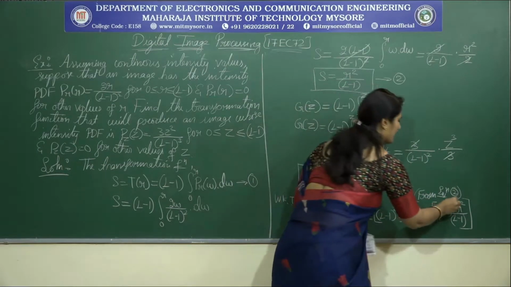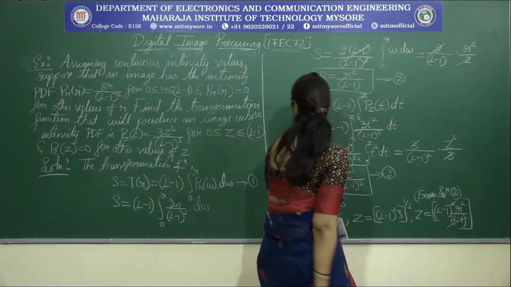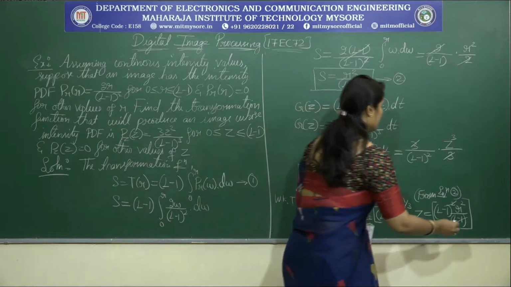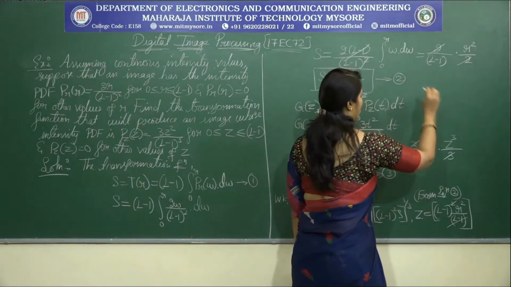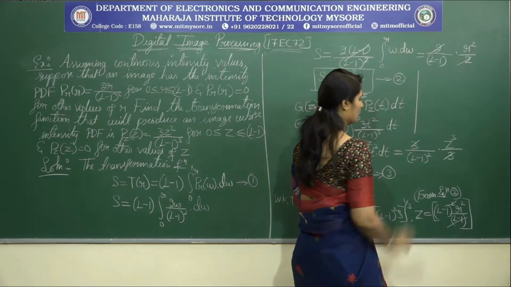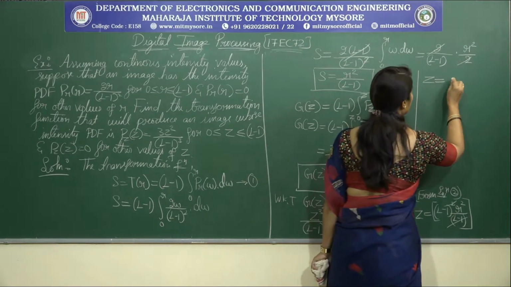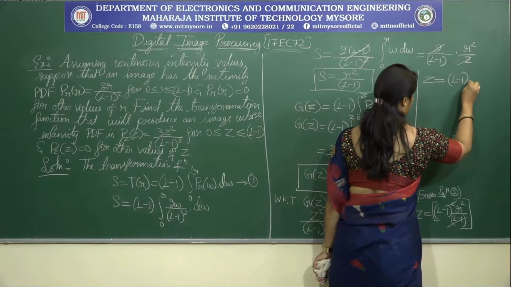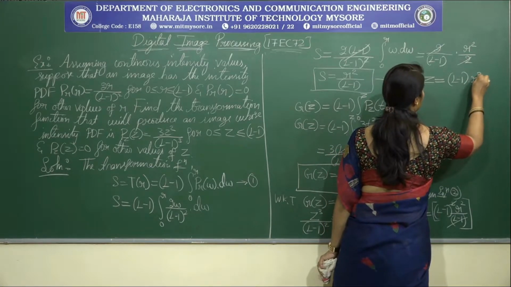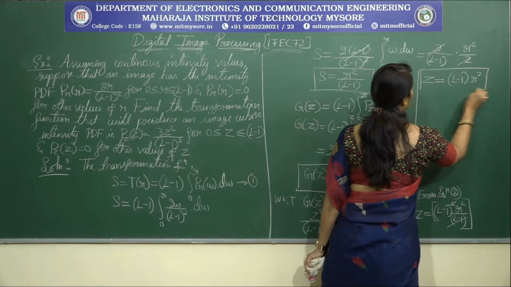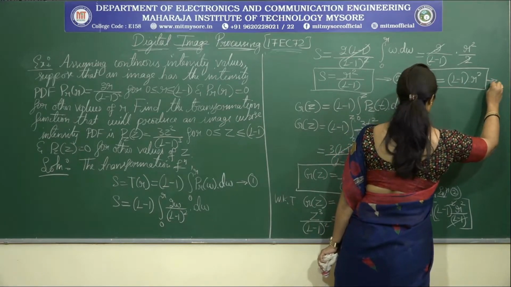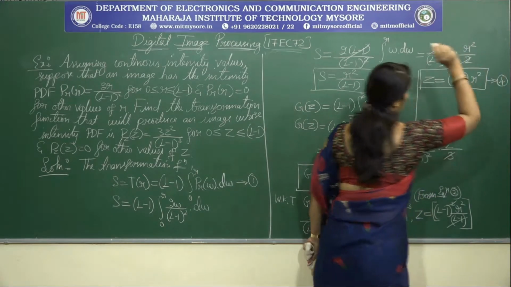Right. So again this square and this term cancels. So we will result with Z is equal to L minus 1 into r square. This I call as equation number 4.